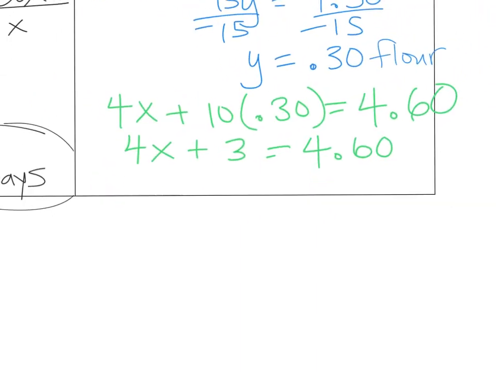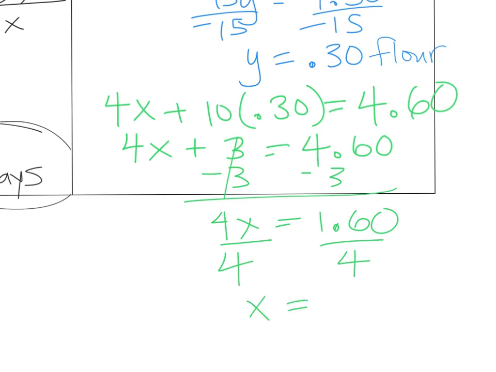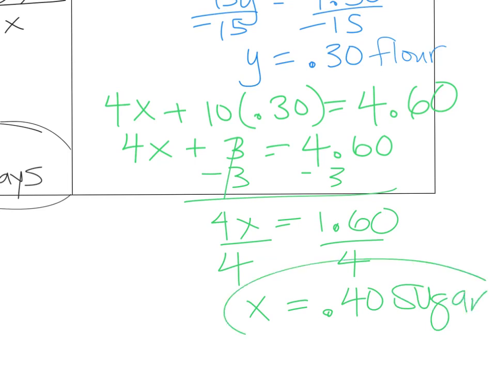So we're going to take away the 3. So we're going to get 4x equals $1.60 when I subtract. And when I divide by 4, x equals 40 cents. So it's 40 cents for the sugar, and it is 30 cents for the flour.